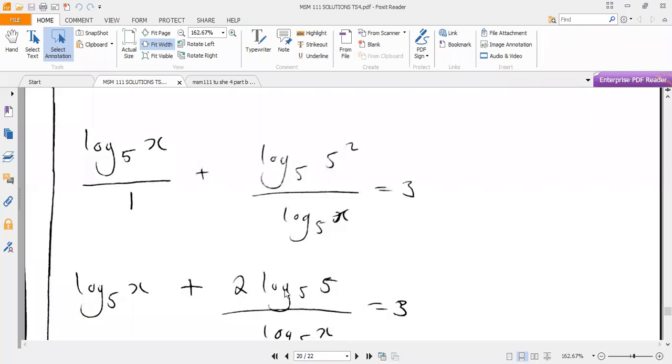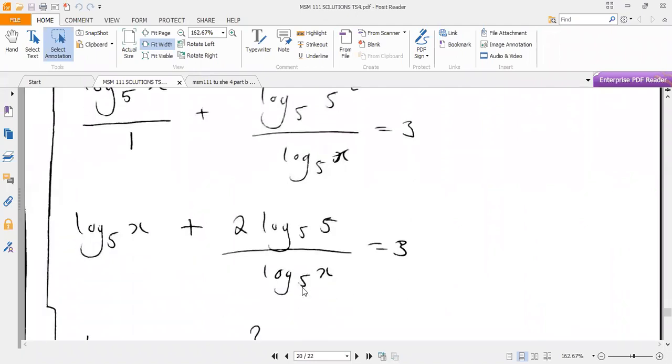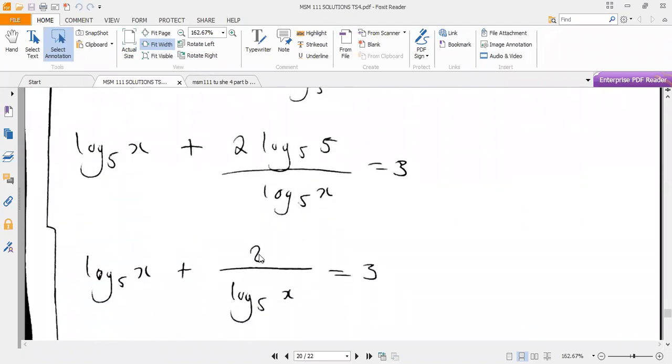So now, using that principle that I taught you earlier on, you know that log base 5 of 5, when the base and the argument are the same, simply tells you that that log is equal to 1. So now 2 times 1 is what we are having down here. It is just 2. So we have this guy here, and then we have managed to manipulate this guy to be 2 over what? Log base 5 of x equals 3.